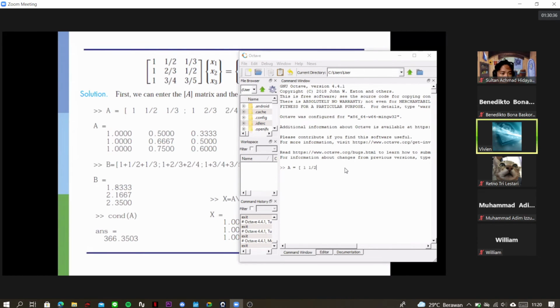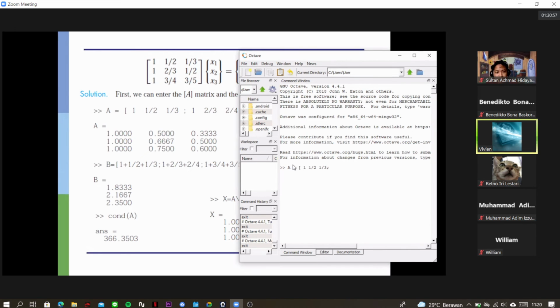When we separate numbers with a space, that will be the column. And then we give a semicolon, so that will be the end of the input for that row, and then we continue to the second row.